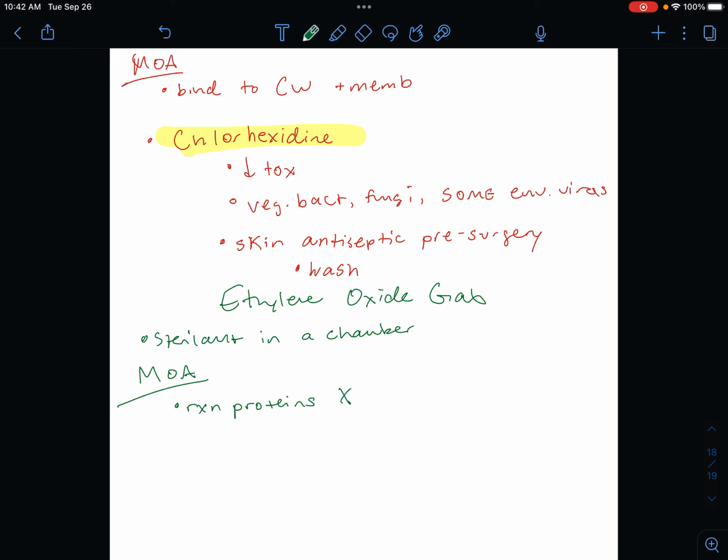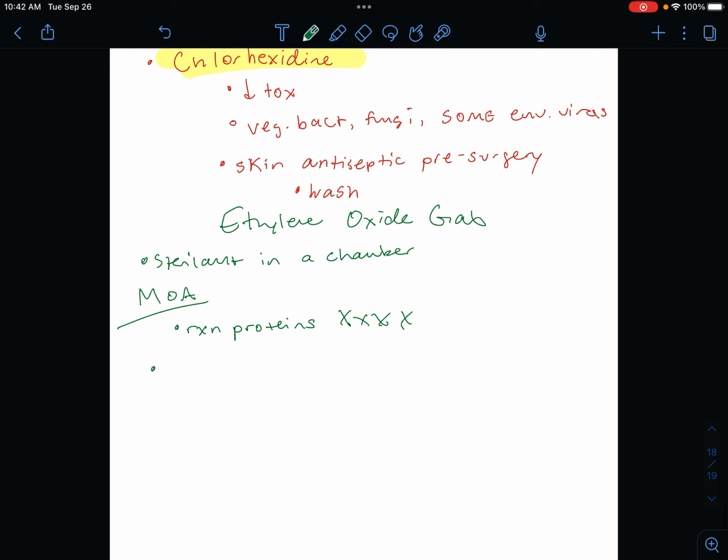And this is bad news, of course, for the cells, because we all need proteins, even bacteria and all those microbes. Getting rid of them is really unfortunate for them because they can't use the proteins for function.